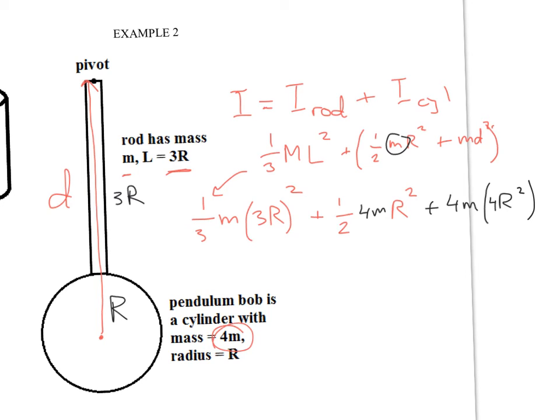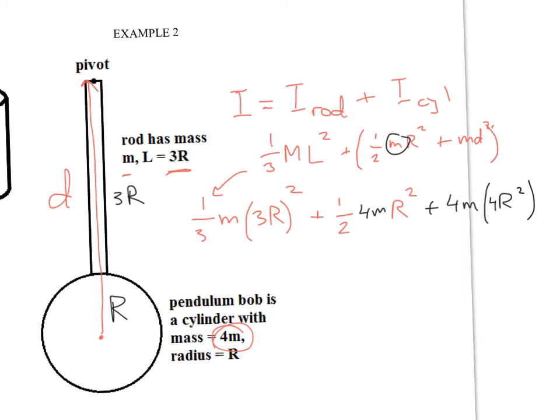Now we just have some simplifying to do. When we're all done, we will have the moment of inertia for that entire pendulum. The 3r squared becomes 9r squared, and then we're dividing it by the 3 here.